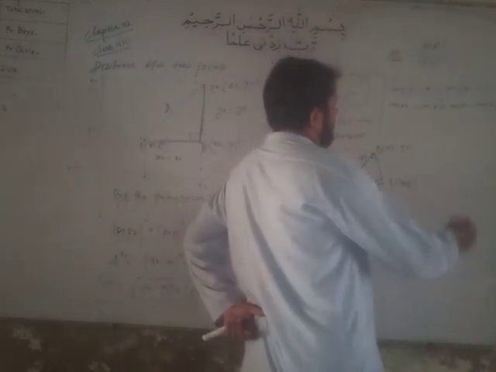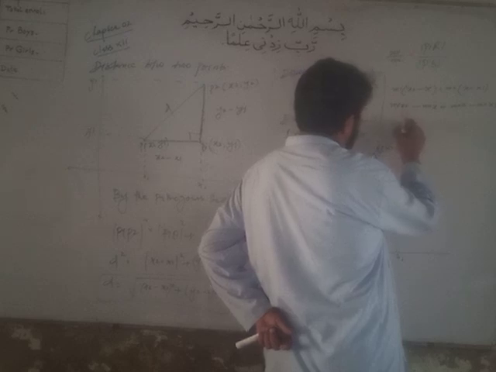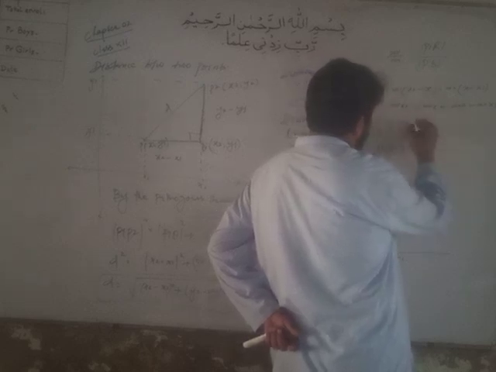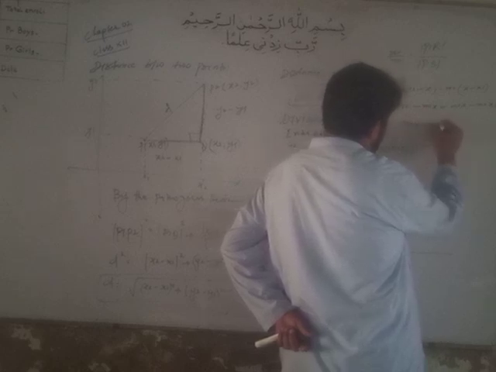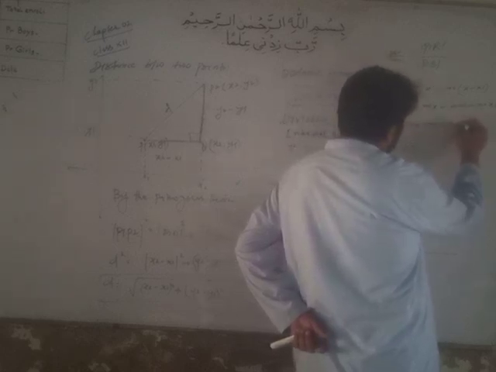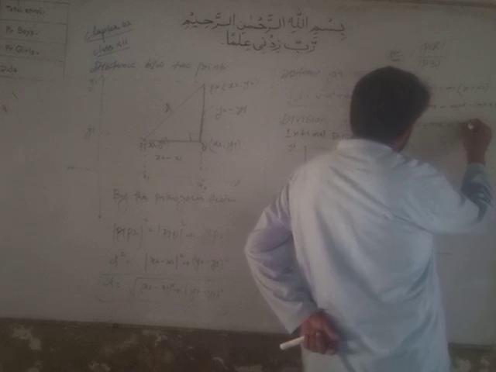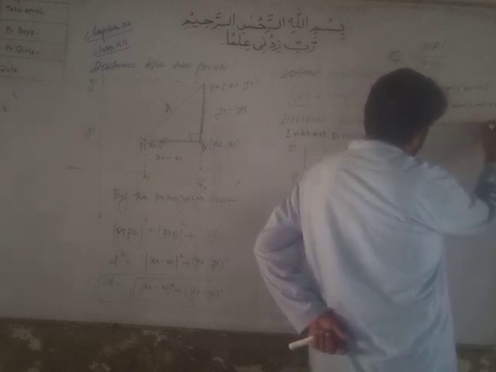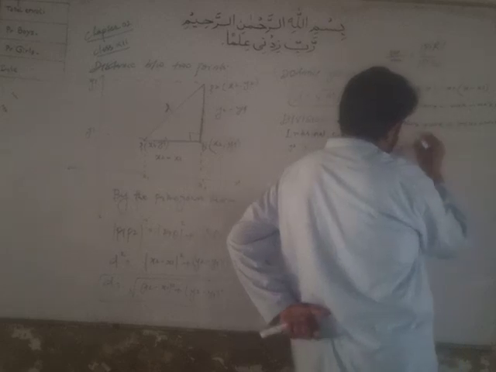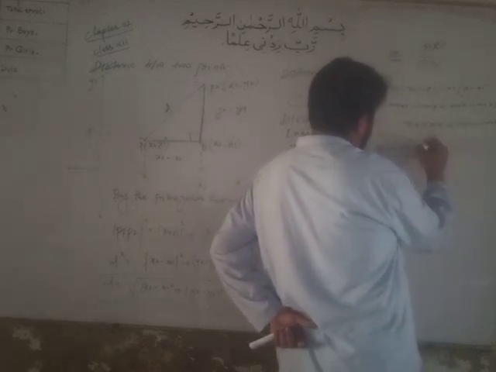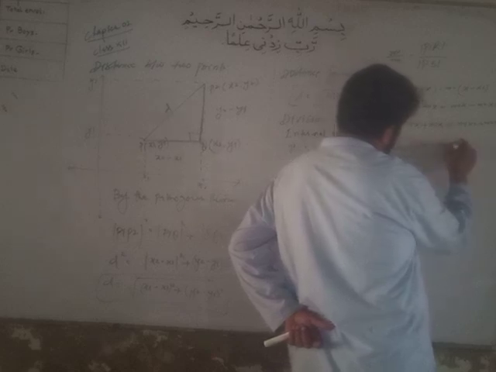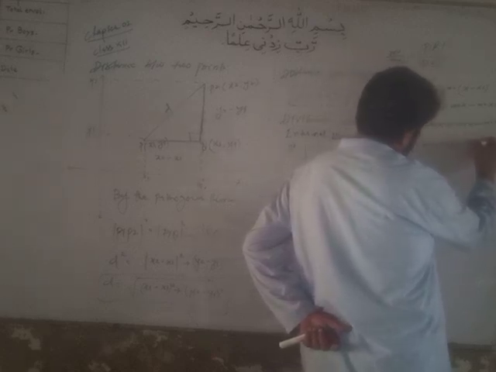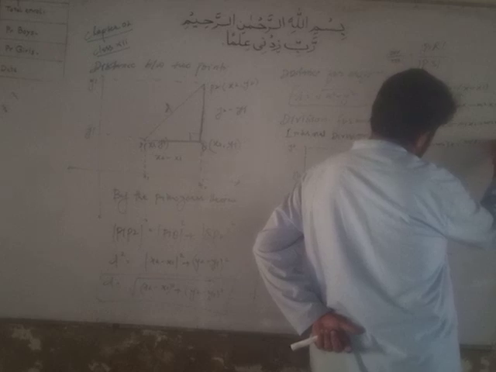Okay, so we change these terms: m1 x plus m2 x is equal to m1 x2 plus m2 x1. So x is common, so this will be m1 plus m2 into x is equal to m1 x2 plus m2 x1.